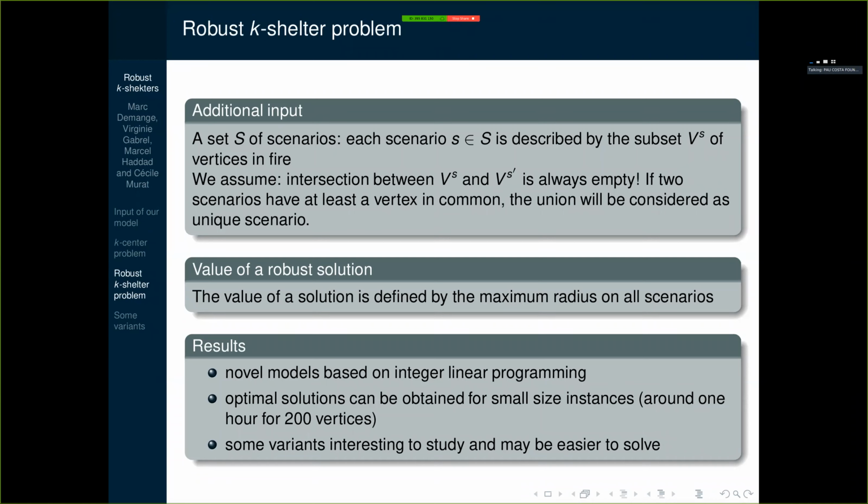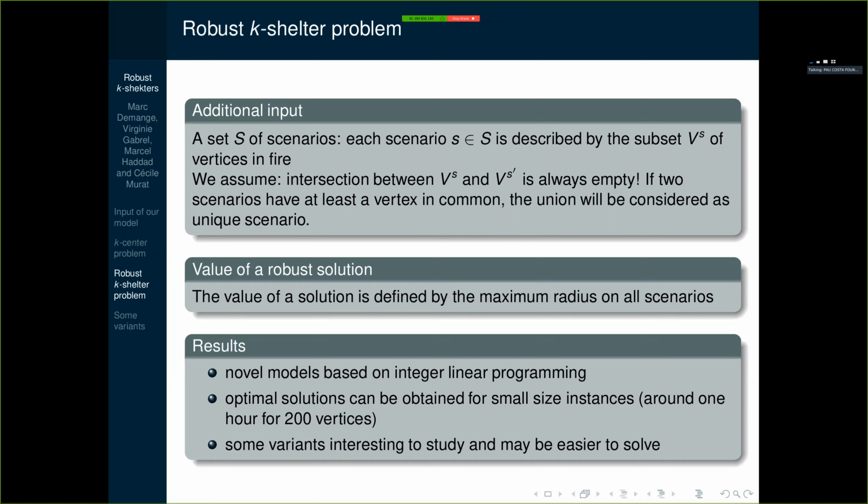With these models, we can solve the problem in optimality for small size instances because the problem is difficult. And we can define some variants interesting to study and maybe easier to solve.